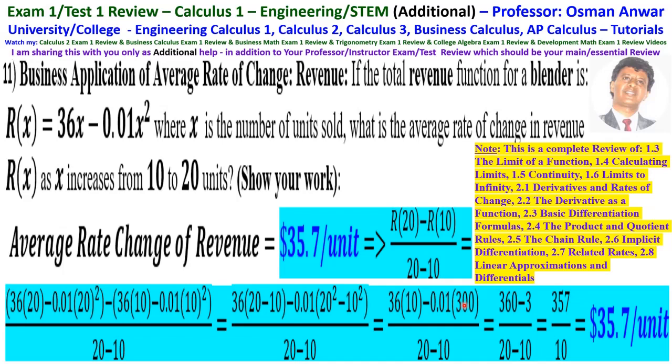Then this is 360 minus 3 over 20 minus 10, which is 357 over 10, which is 35.7 dollars per unit. So the average rate of change of revenue is $35.7 per unit.